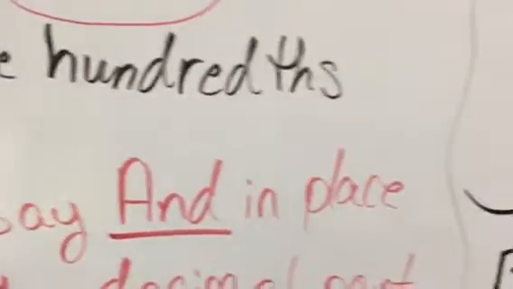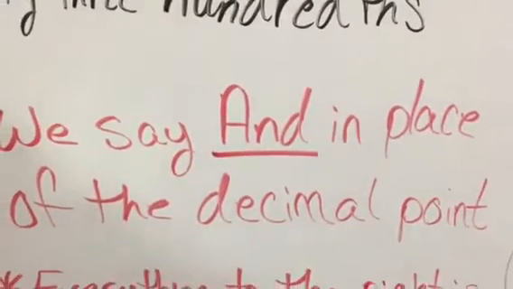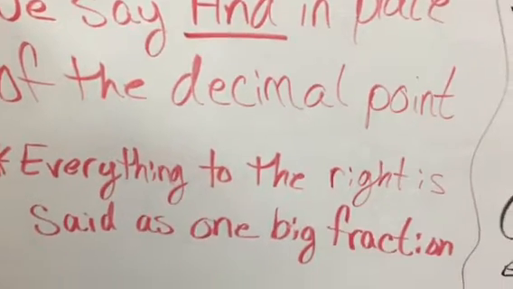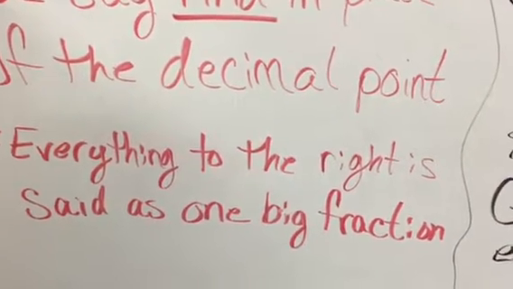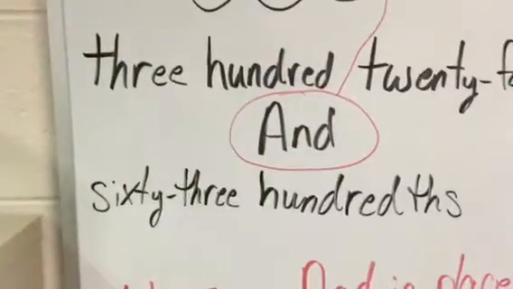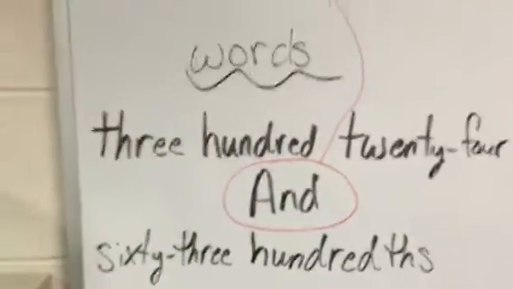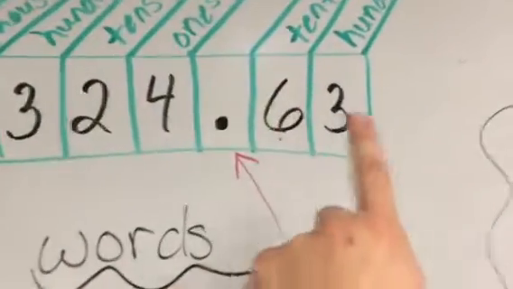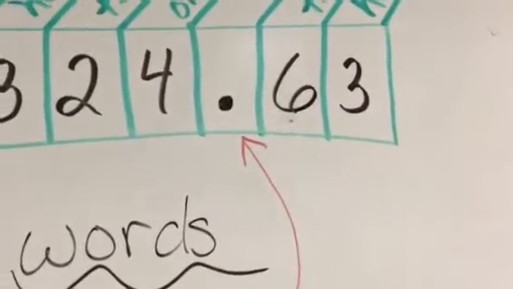We say "and" in place of the decimal point, and then everything to the right of the decimal point, we just say it as one big fraction.